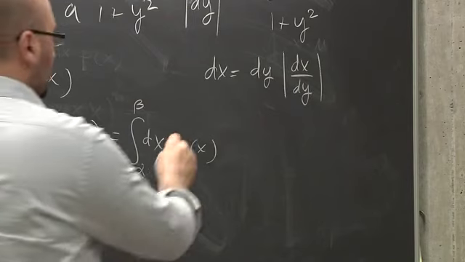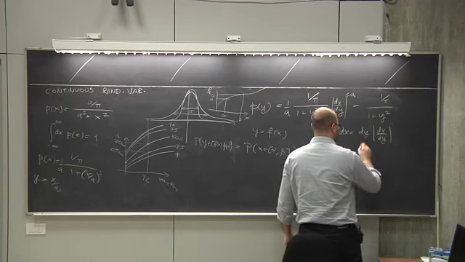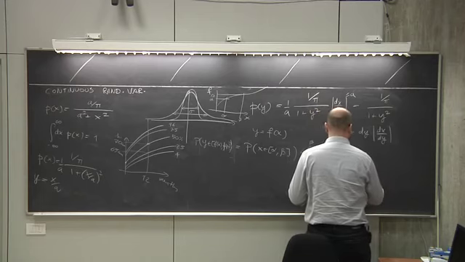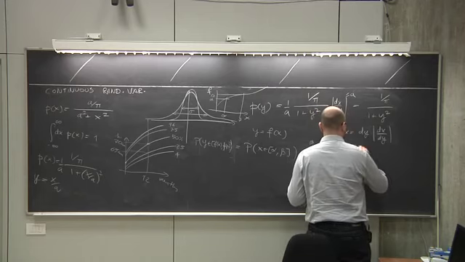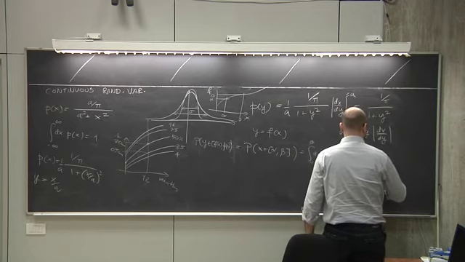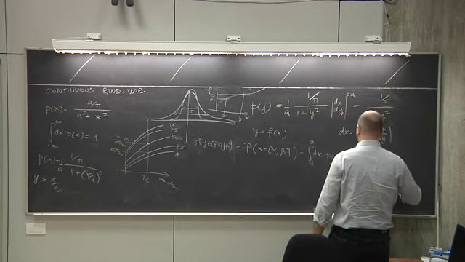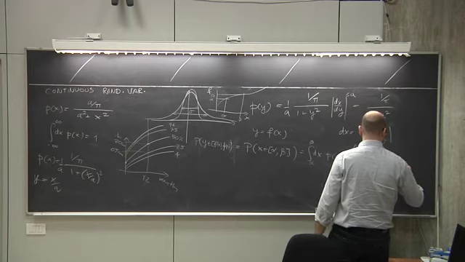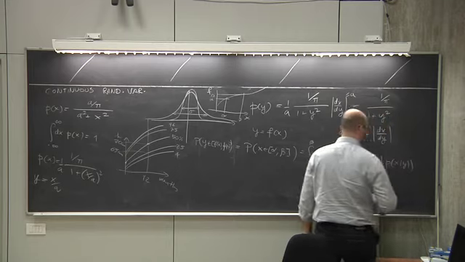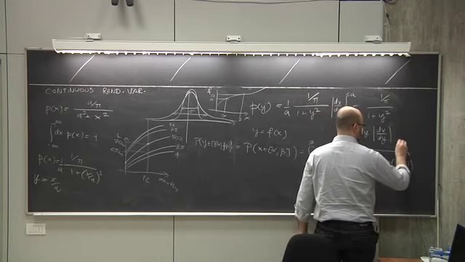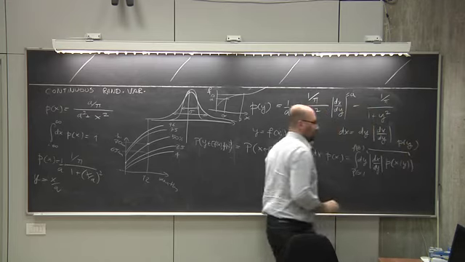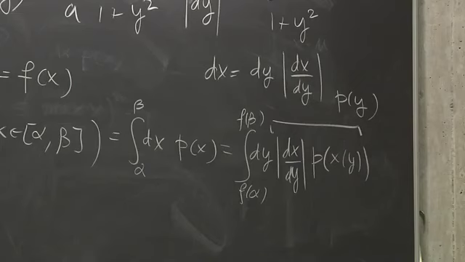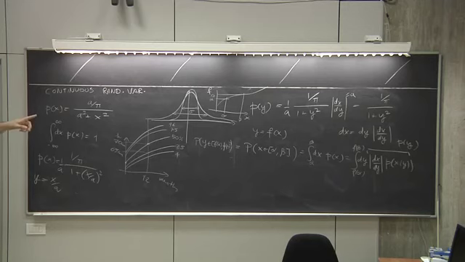Okay, so the new probability distribution, if I change variables, is the integral of dy from f of alpha to f of beta of dx by dy times p of x of y. So the probability distribution of y is this thing here. So you see, it's important that you remember that probability densities are defined in terms of integrals, because otherwise you don't understand why you get a Jacobian.